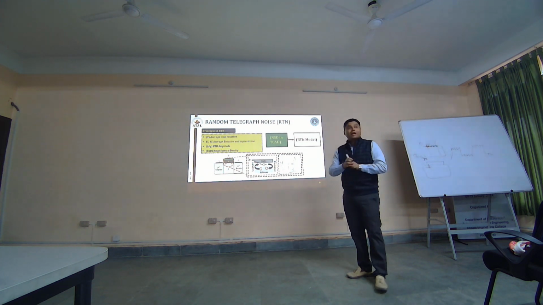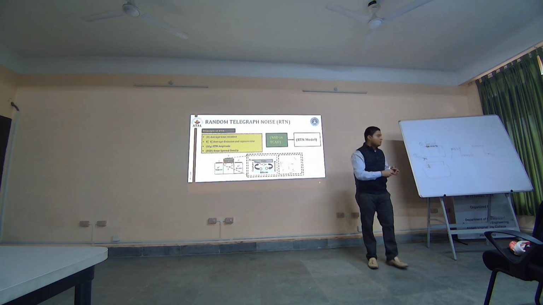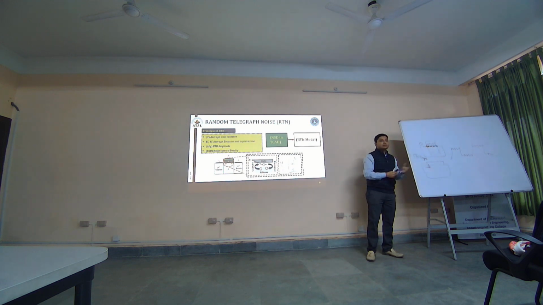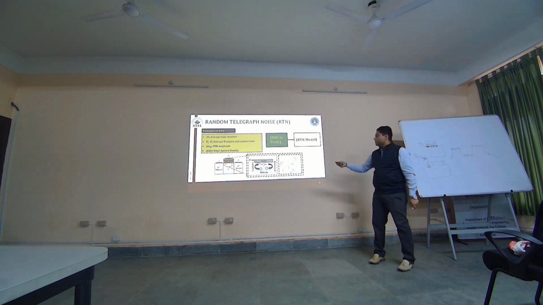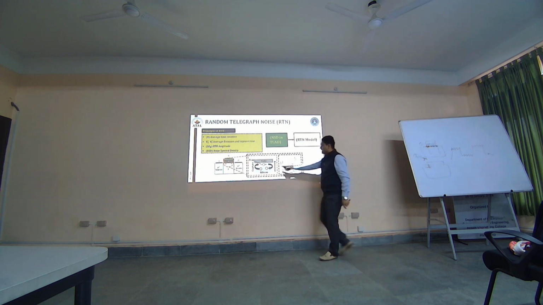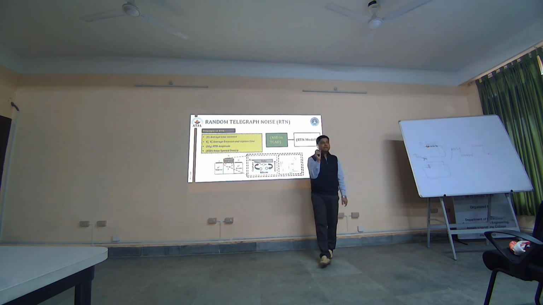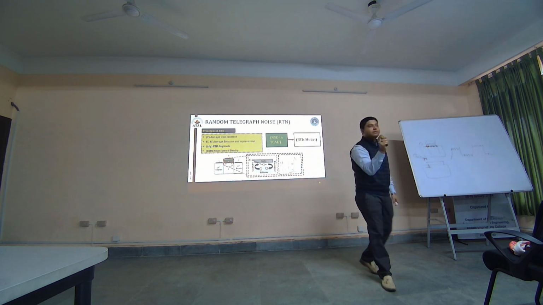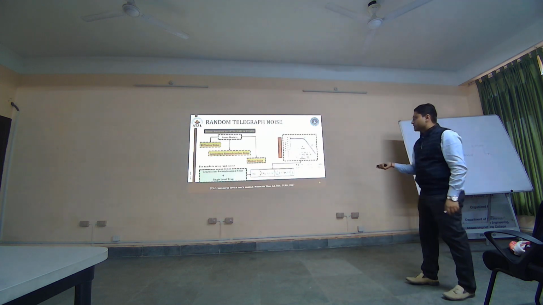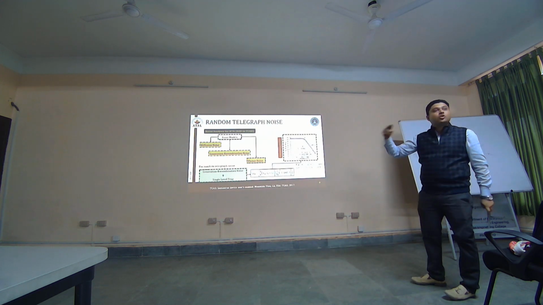You cannot have a definite predictive kind of modeling for a single trap. So this is how it looks. As I have said, capture and emission are the two very important terms associated with random telegraph noise due to single traps.